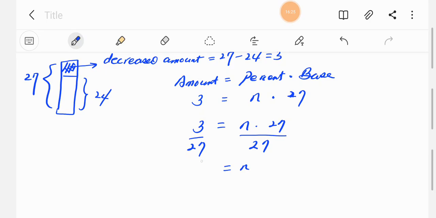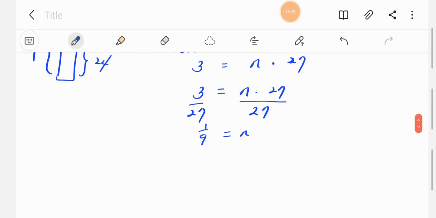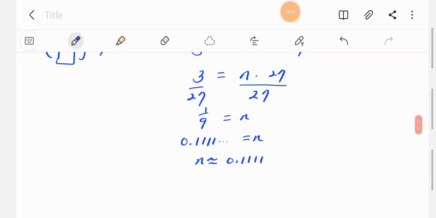Right, then this is 1 over 9, right? And 1 over 9 is approximately, 1 divided by 9 is 0.1, and the 1 keeps repeating. So X is approximately equal to 0.1111, right? 1 keeps repeating.